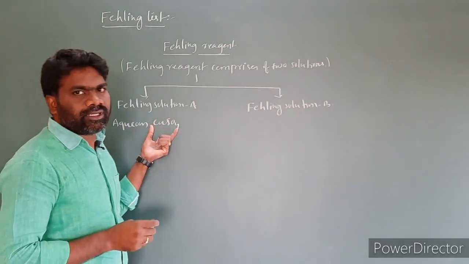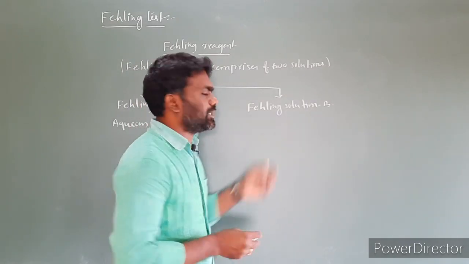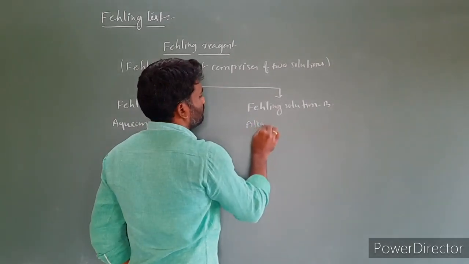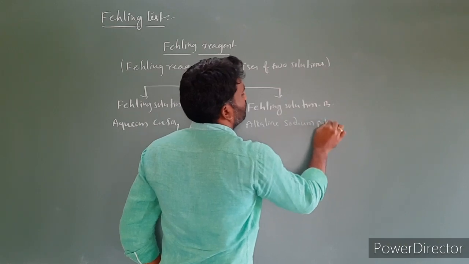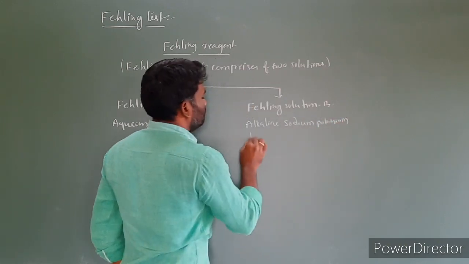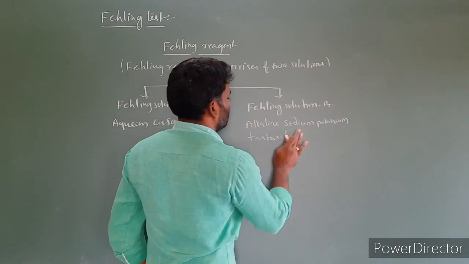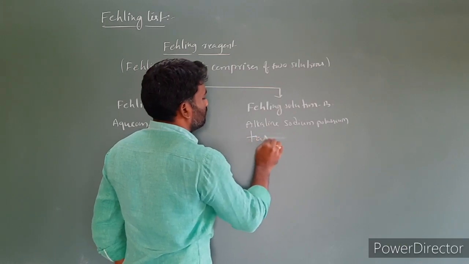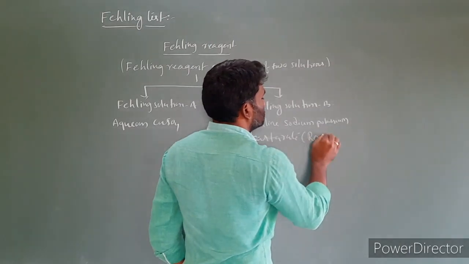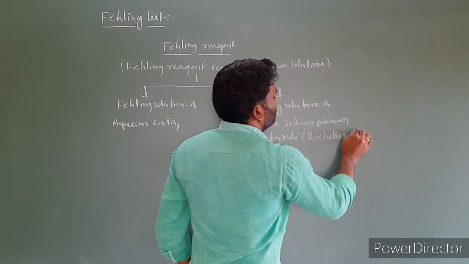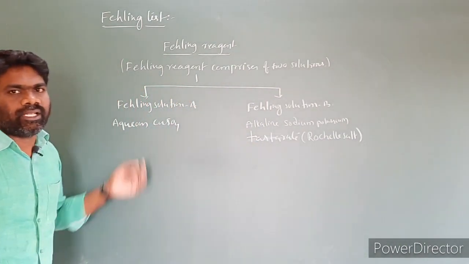Aqueous copper sulfate is called Fehling solution A, and Fehling solution B is alkaline sodium potassium tartrate. Sodium potassium tartrate is nothing but Rochelle salt. So this is Fehling solution B and this is Fehling solution A.